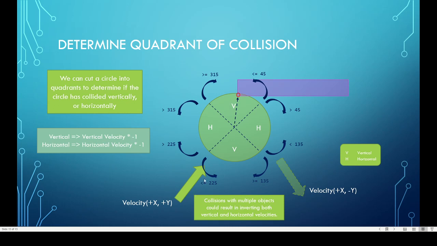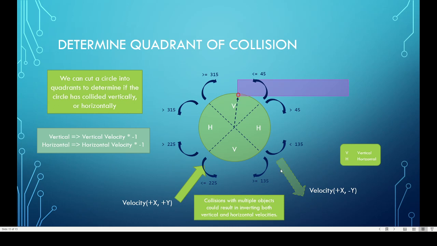In this scenario, our ball is traveling up and to the right, so it's got a positive x velocity and a positive y velocity. We determine the impact was vertical, so all we do is invert the y velocity, but we keep the same x velocity. So now the ball is still traveling to the right, but down. All we've done is cause it to ricochet downwards. Right, so it's very simple to handle these things.